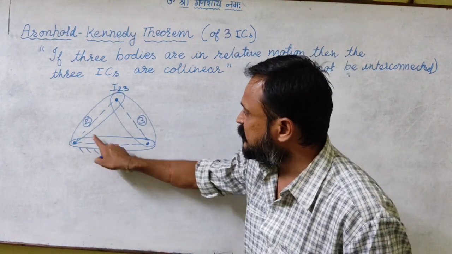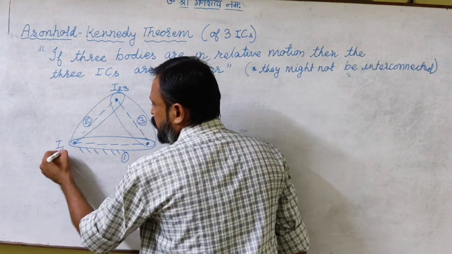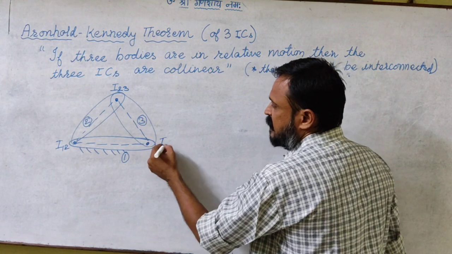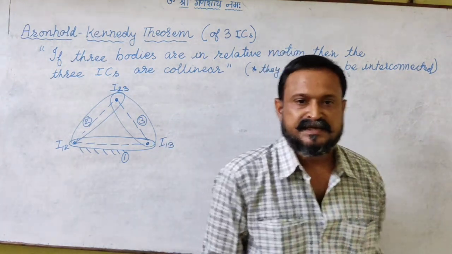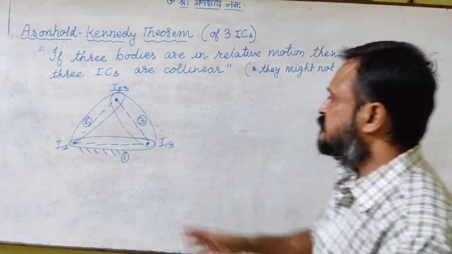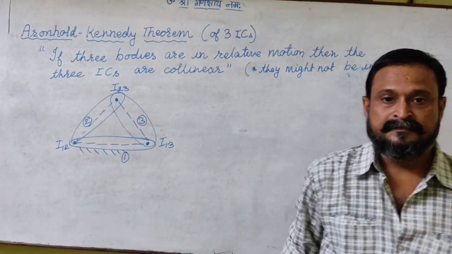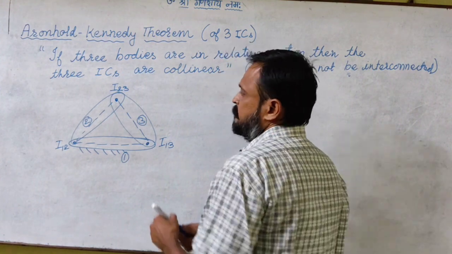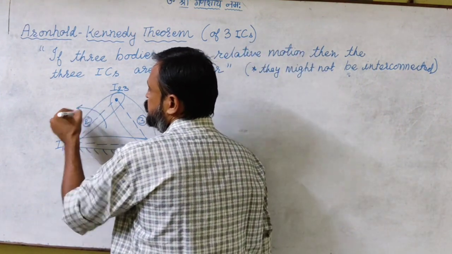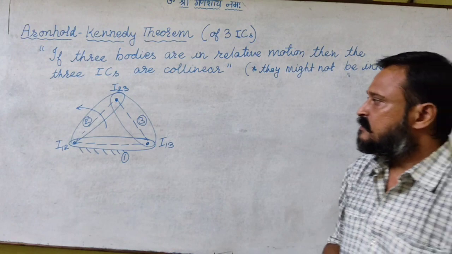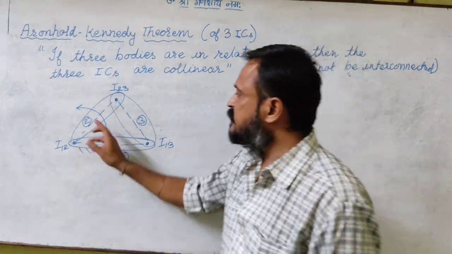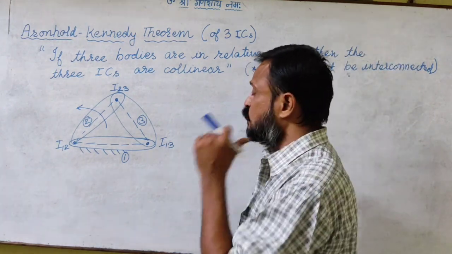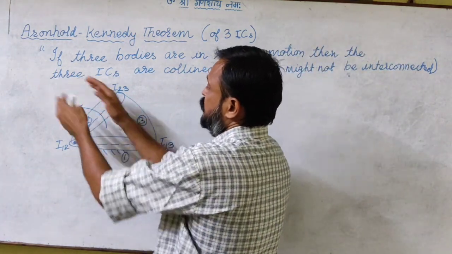For 1 and 2, this can be I12, and for 1 and 3, this will be I13. Now say the body 2, or link 2, is rotating in this fashion. If it is so, it will try to take this joint with it.